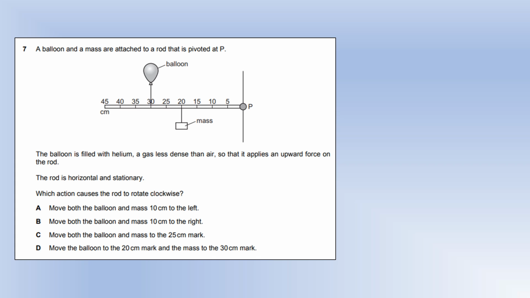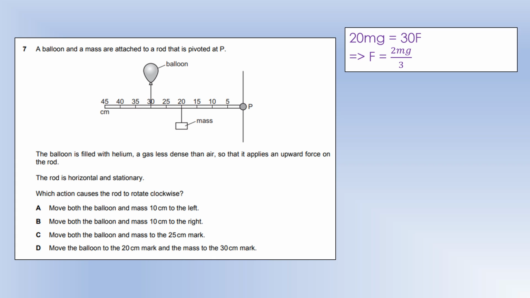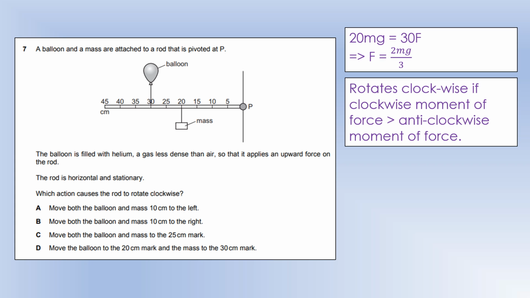Okay, so we've got 4 different options. To start with, what I've done is looked at the condition we've got. So with the balloon a distance of 30 from the pivot and the mass a distance of 20 from the pivot, that gives us an expression for the force required from the balloon. Then what I'm going to do is talk about the moment.